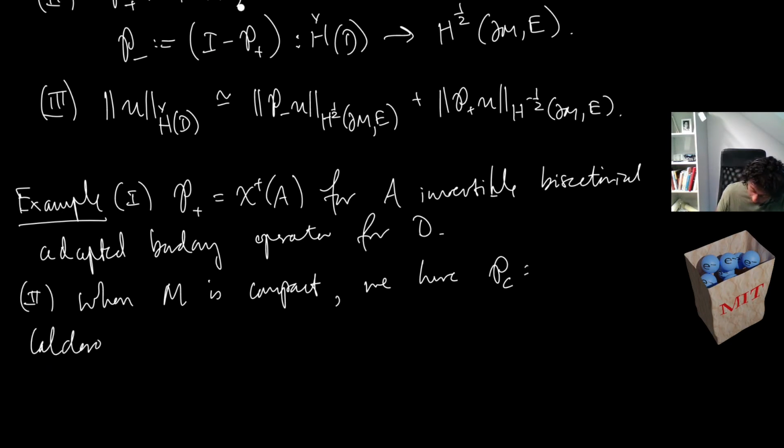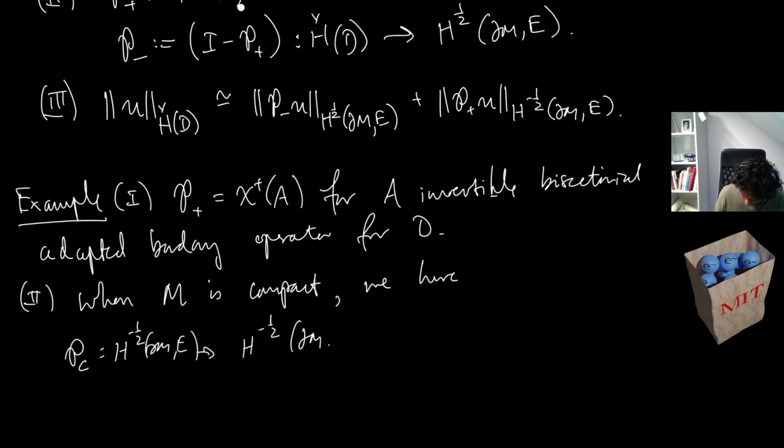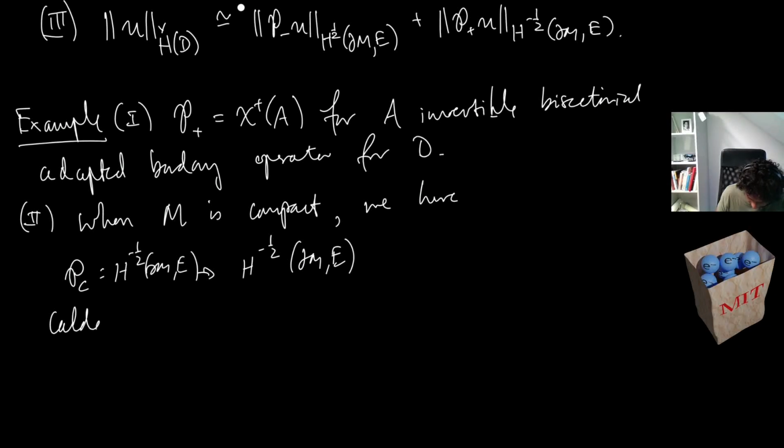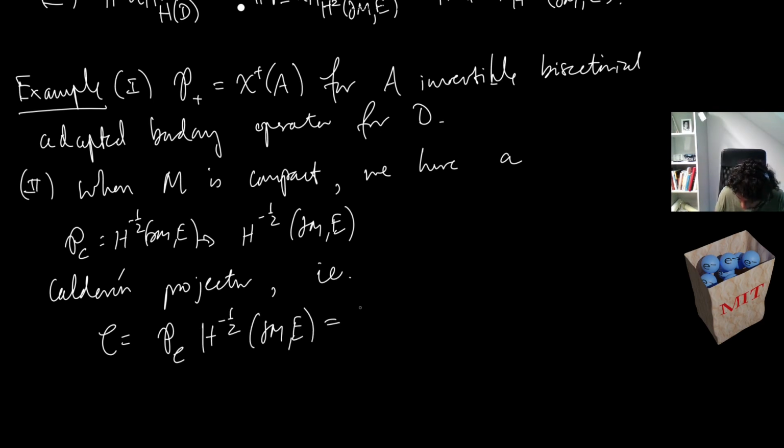So P of C takes us from H minus 1/2 of M to H minus 1/2 of M. It is a Calderon projector, but there could be many, i.e. the range of P of C, so C equals P of C of H minus 1/2, is precisely the restriction of elements in the kernel of the maximal operator, right?